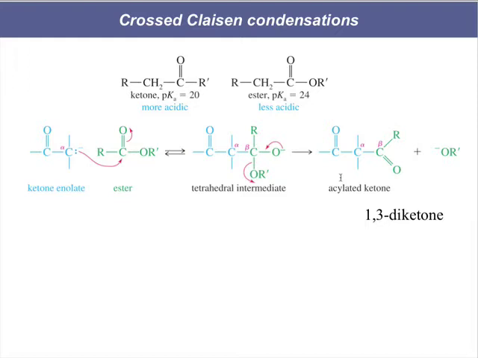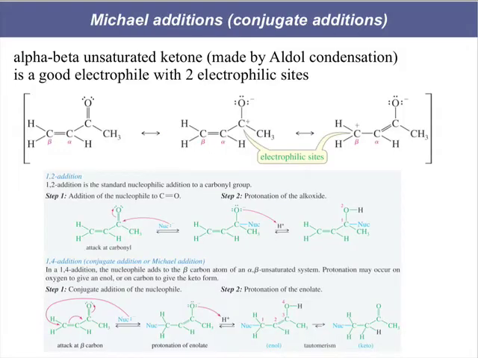That's where I introduced you to the idea of using an enolate as a nucleophile with various electrophiles. There's another class of reactions involving alpha carbon nucleophiles called Michael additions. These are also sometimes called, more generally, conjugate additions.